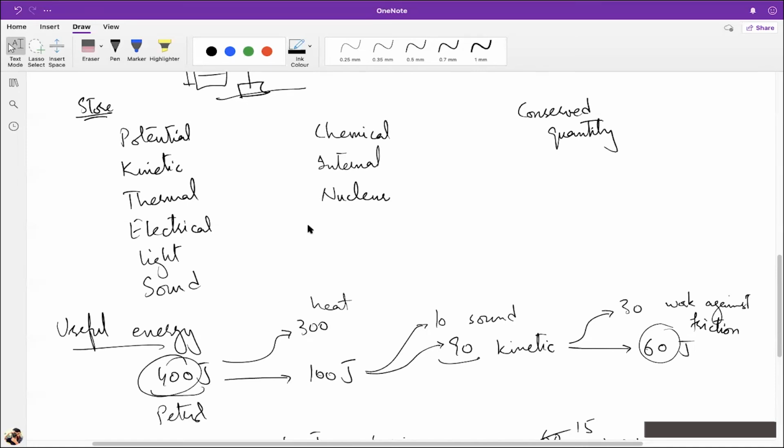There are two forms in here that are combined, so we call them mechanical energy. Similarly, what is internal energy? It is the mechanical energy of the particles that make anything up. Particles, you know, are in constant random motion. That is kinetic particle theory.